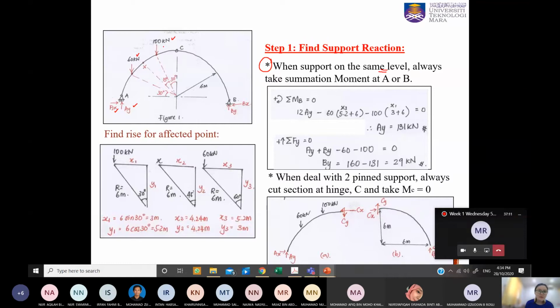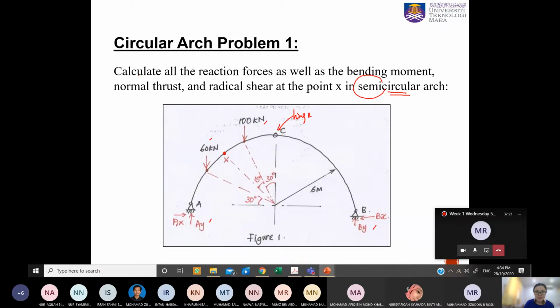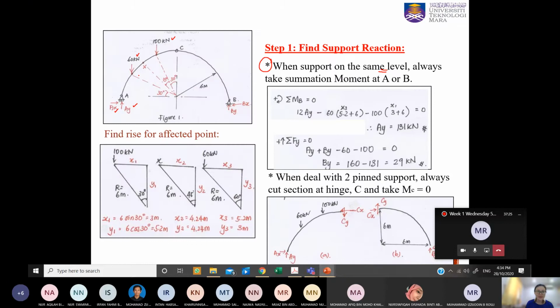But I do not have the distance from 100 kilonewton to B and 60 kilonewton to B. What I have here is 6 meter only. So may I know, class, what is my span for this arch?